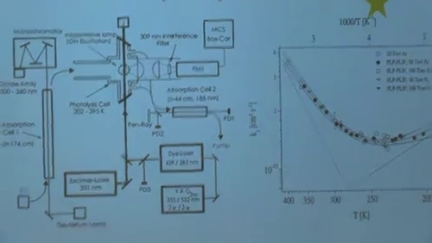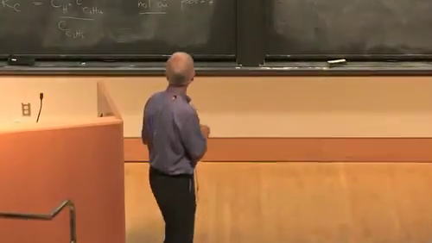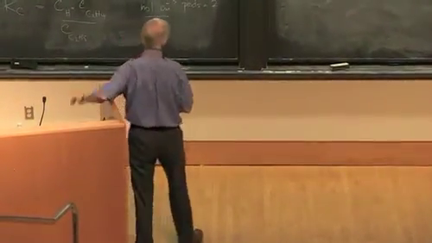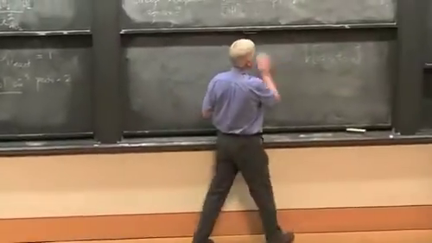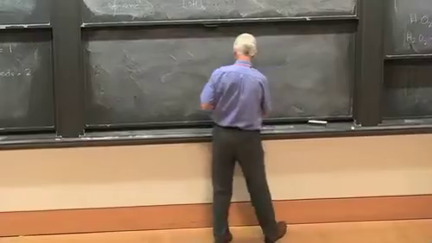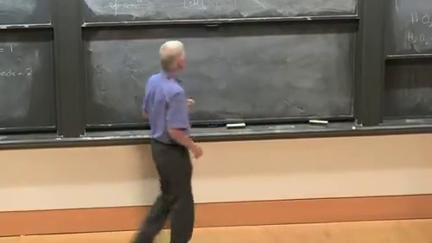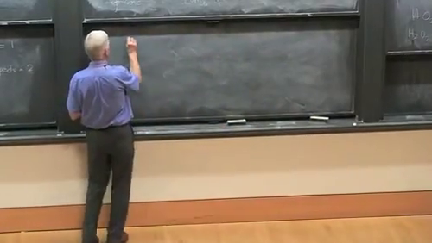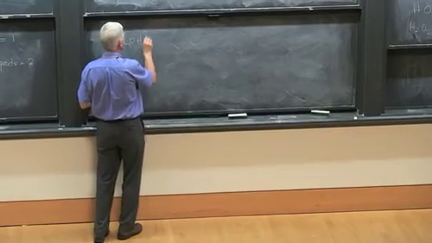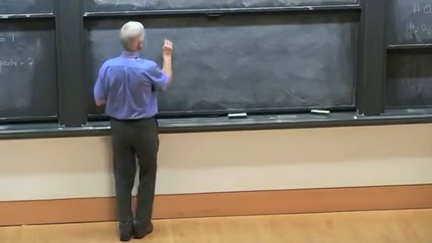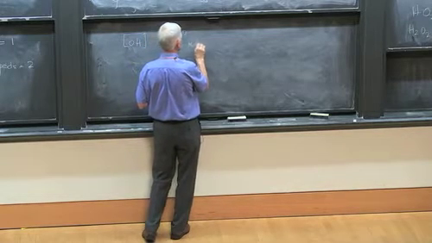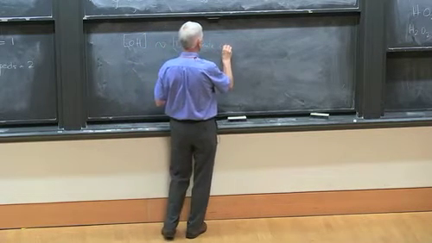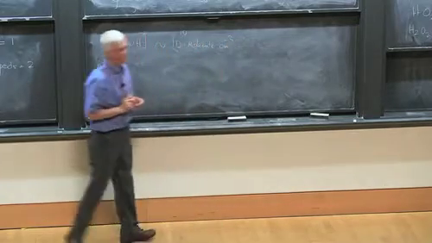I've talked about laser-induced fluorescence, and let me make one point about laser-induced fluorescence and about pulse photolysis generally. And that is that the concentration of hydroxyl you can work with is of the order of 10 to the 10 molecules per centimeter cubed.